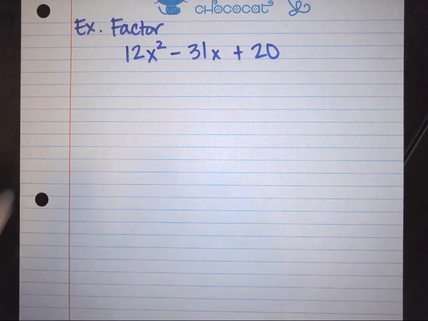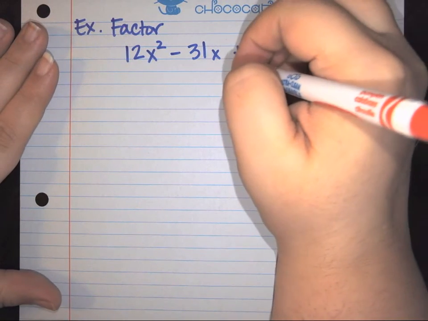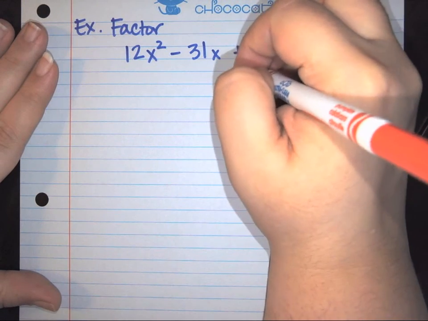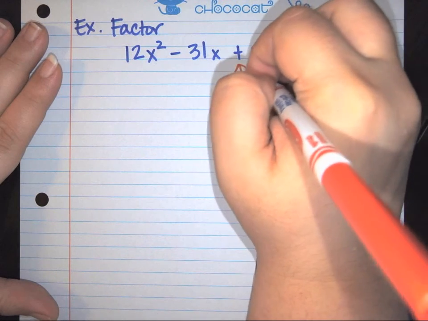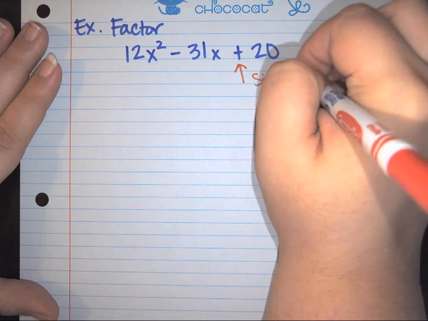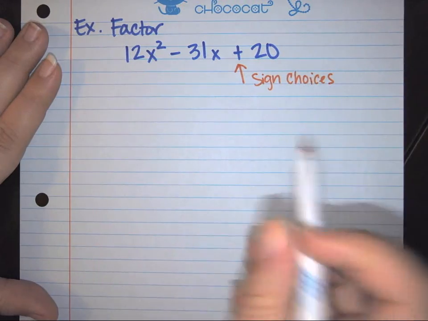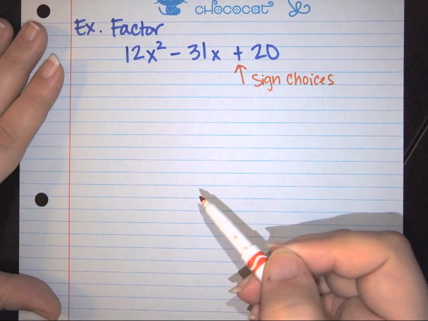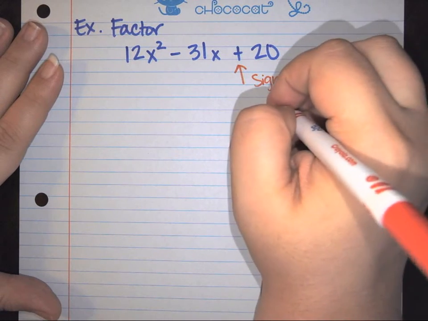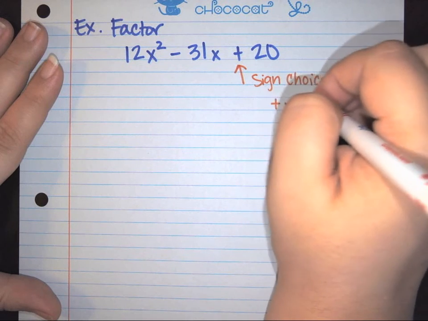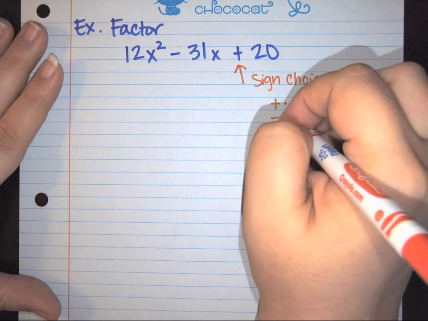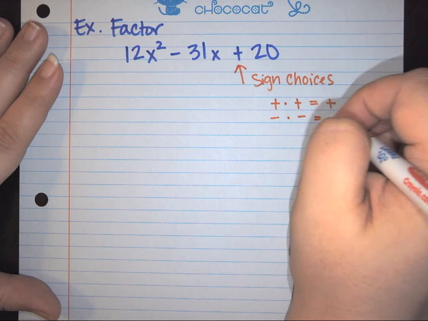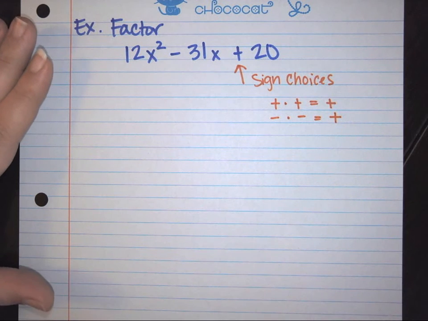So again, we are going to look at this first plus, which tells us our sign choices. My sign here is positive, so that means I'm working for positive times positive gives me a positive result, or negative times negative gives me a positive result.